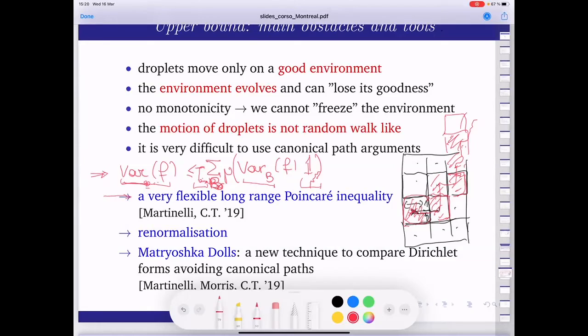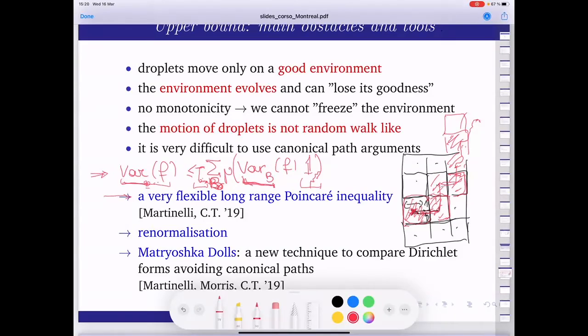And then you might think that, having this long path of good boxes, good in the sense that they make this droplet move inside, I could try to do a path argument to reconstruct each single variance inside the box via exchanges which are allowed by my dynamics.